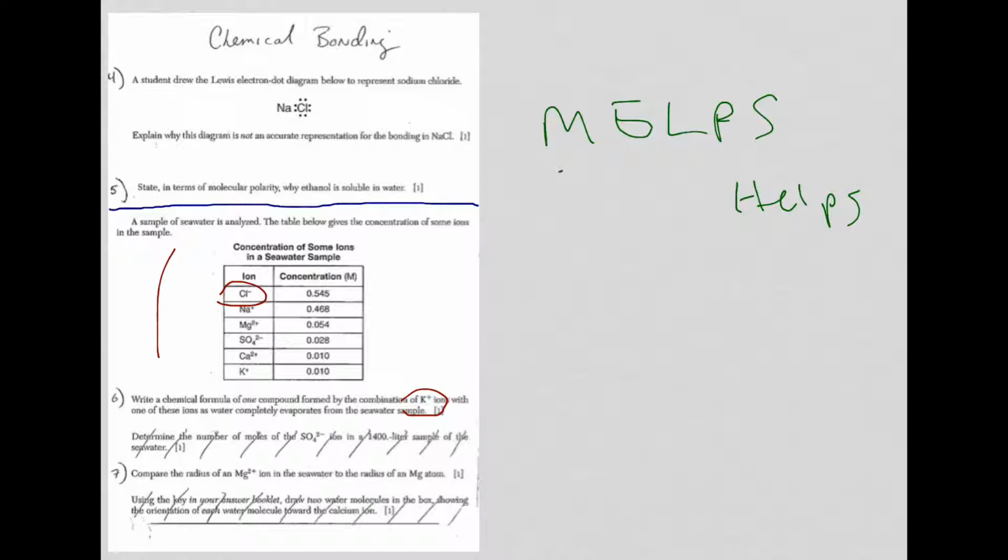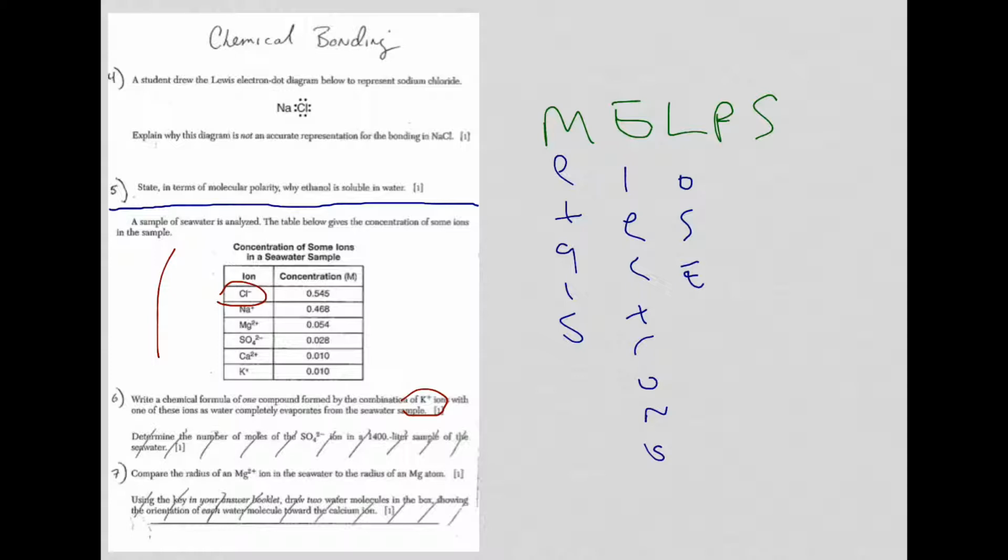That stands for metals, electrons, lose. Let me get rid of the "helps" here, it's kind of in the way. And then the metal, of course, becomes a positive ion, and also it's smaller in size compared to what it was as an atom.